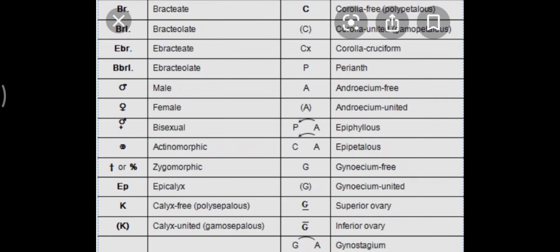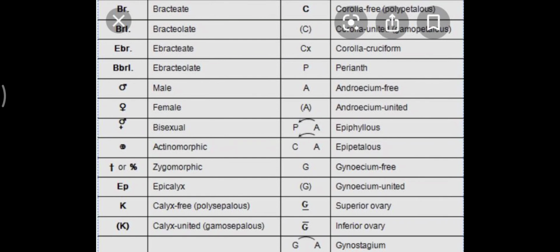If the gynoecium is superior, then the dash is on the downside of the G. If gynoecium is inferior, then it is on the upper side. If calyx is free, that is polysepalous, then no bracket is there. If calyx is united, that is gamosepalous, then K is represented within the symbol, that is a bracket.